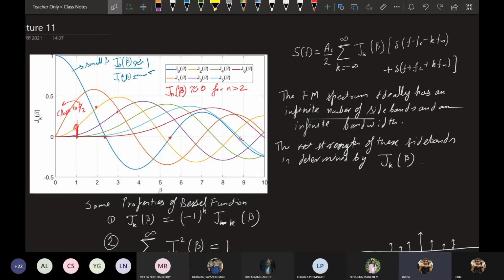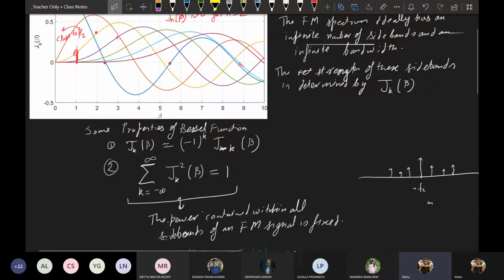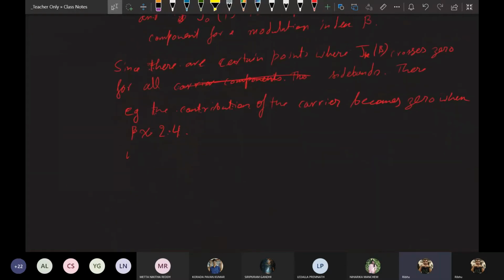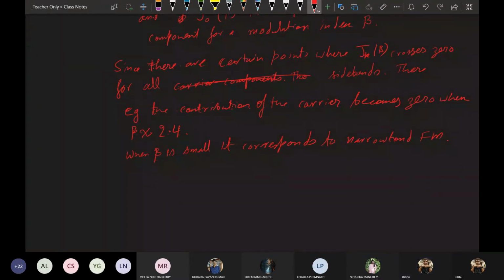And we have already seen that in case of narrowband FM, or when beta is small, it corresponds to what we have seen.